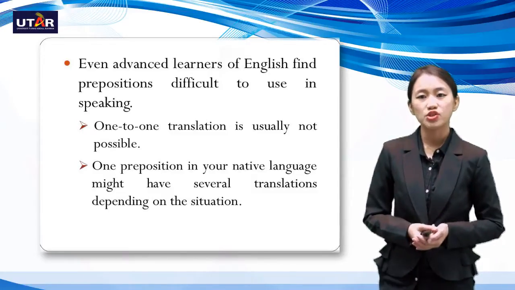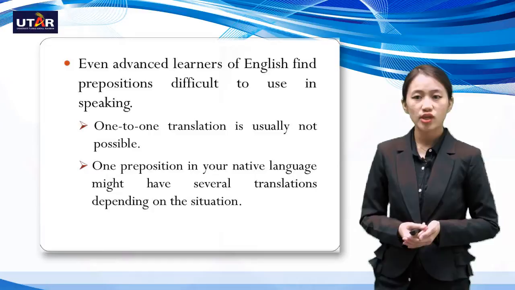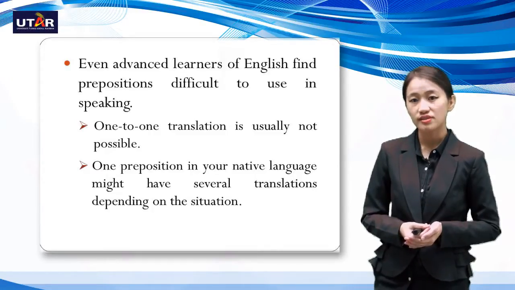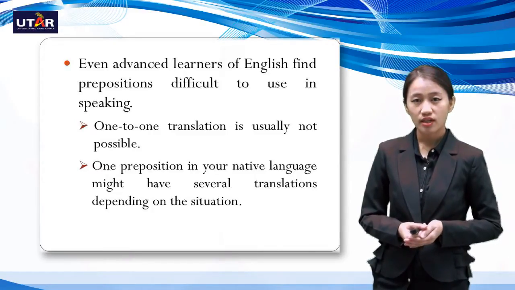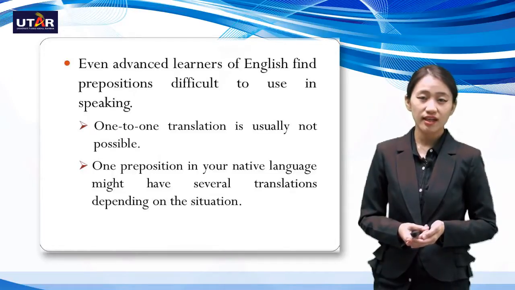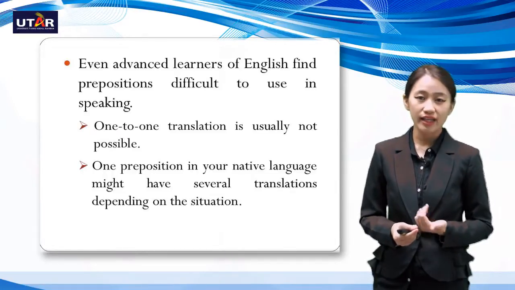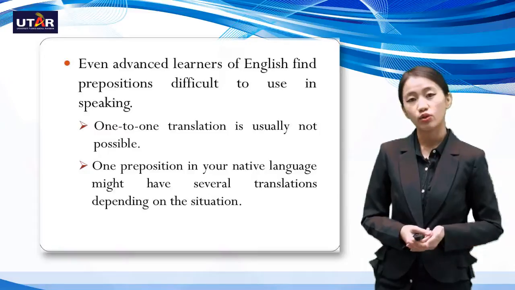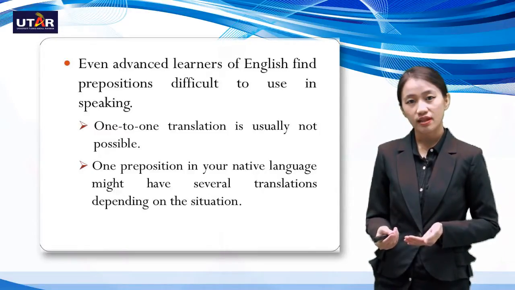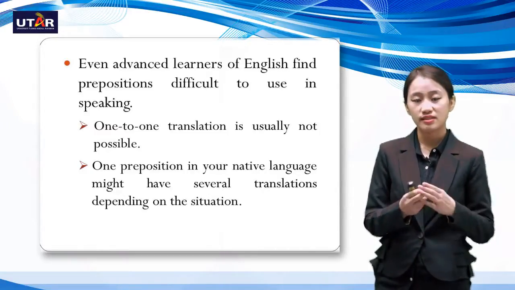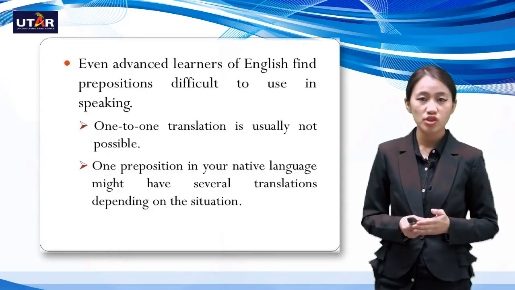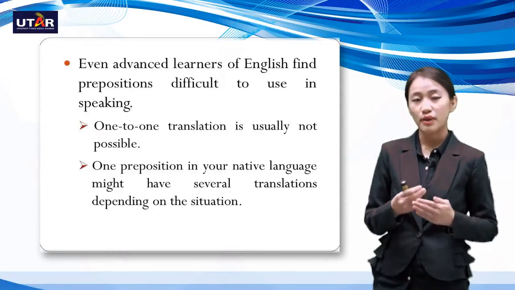So one preposition in your native language might have several translations depending on the situation. So this, of course, as you can see, for the usage of at, I can use it for time. I can also use it for place. So when you state a sentence in your native language, sometimes the prepositions may overlap.